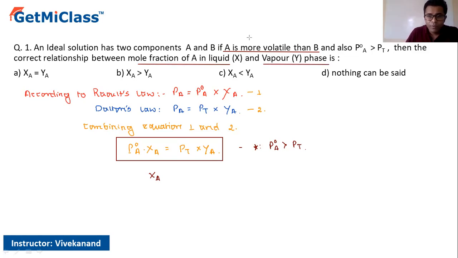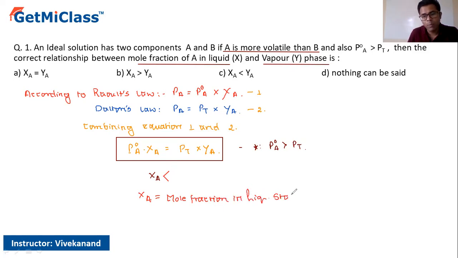Now, if it is more volatile, it's quite considerable that the mole fraction of A is less in the liquid state. Chi A shows us the mole fraction of the component A in the liquid state.